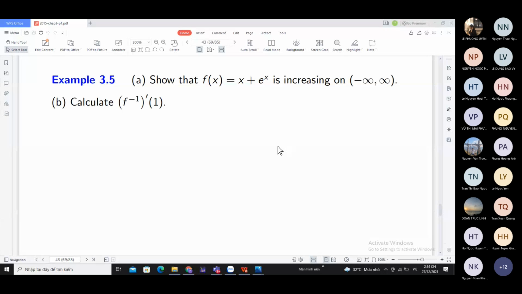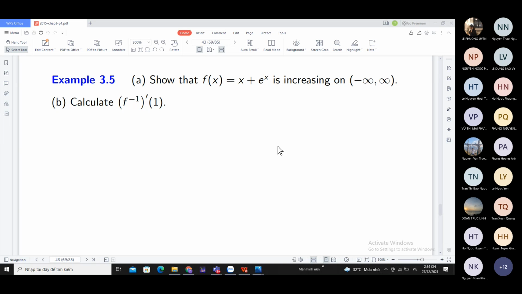Can you see example 3.5? Yes. Okay, look. Question A: show that the function f of x given by x plus e to the x is increasing on the interval (minus infinity, infinity).